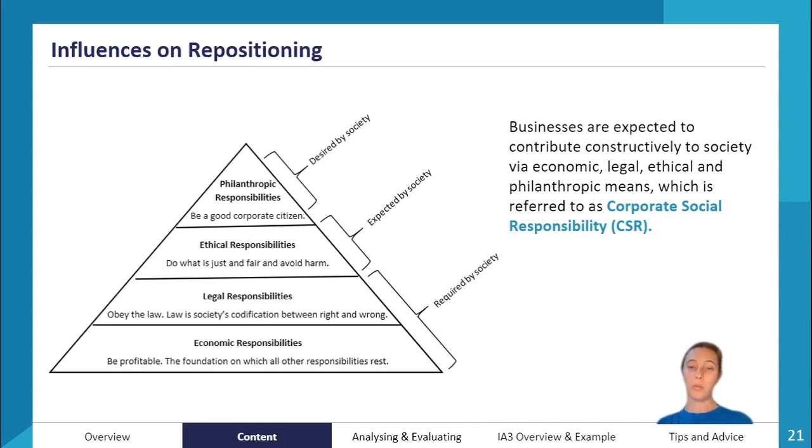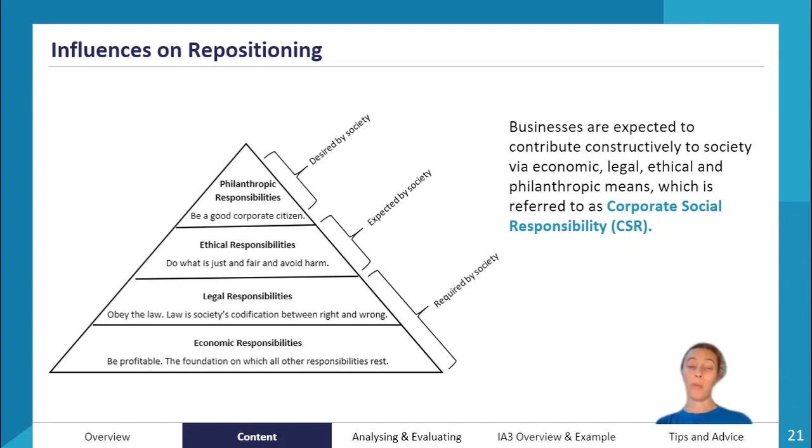So, oftentimes, when people hear this, they probably think of philanthropy, so being a good corporate citizen, making donations, and all of those sorts of things. But it does have these other levels as well. And we can see in this diagram here some of the levels as well.